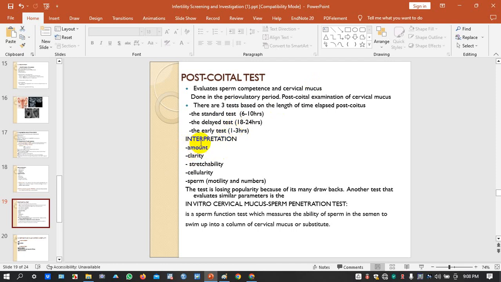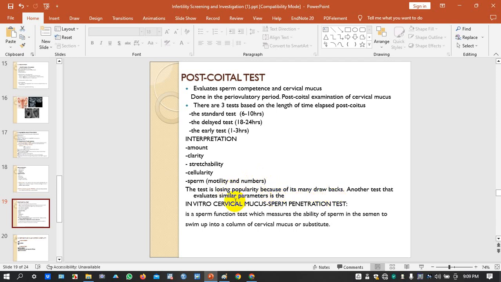At the end you see the amount of the semen, how clear it is, then the stretchability of the semen, cellularity, the number of sperm cells in the semen, then the motility or the movement of the sperm and their number. The test is losing popularity because of its many drawbacks.